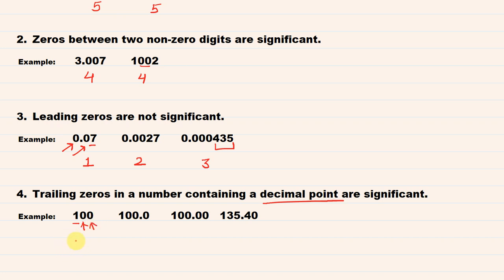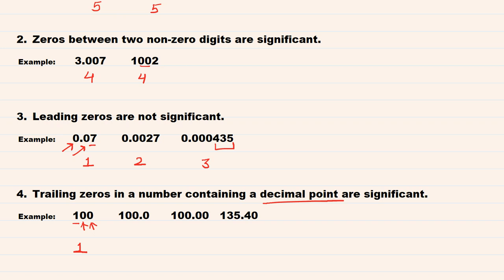Now, if we want to find out the number of significant figures in this, then what can we say? Since there is no decimal point, these trailing zeros will not be considered significant. Hence, there will be one significant figure in this number 100.